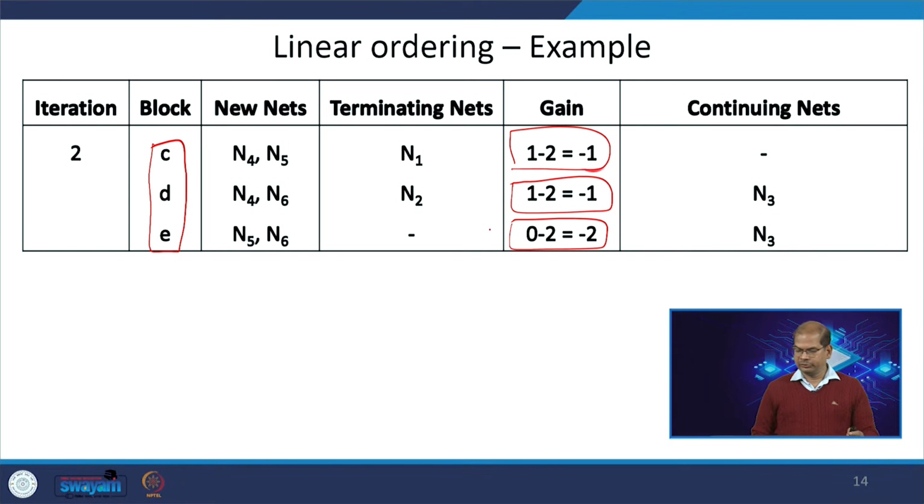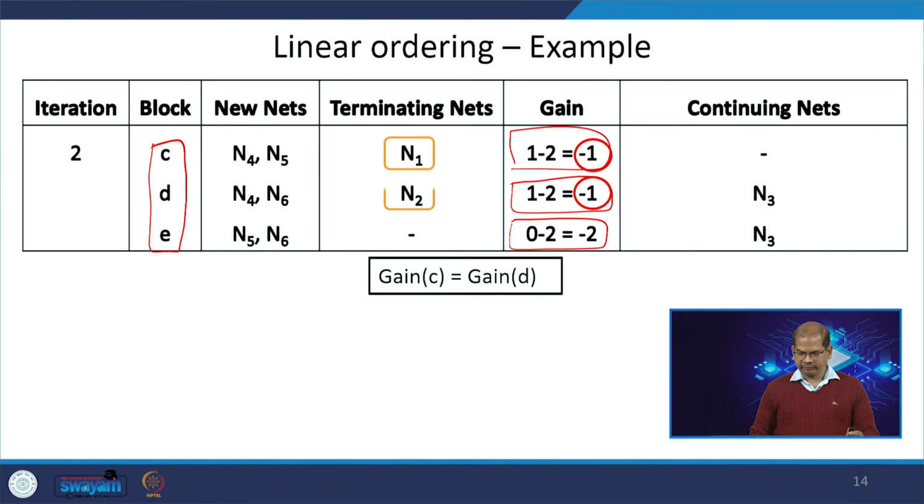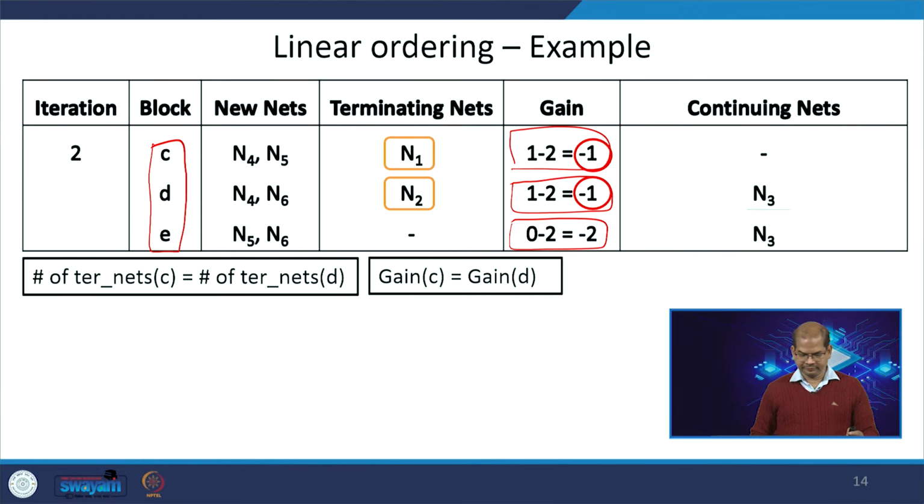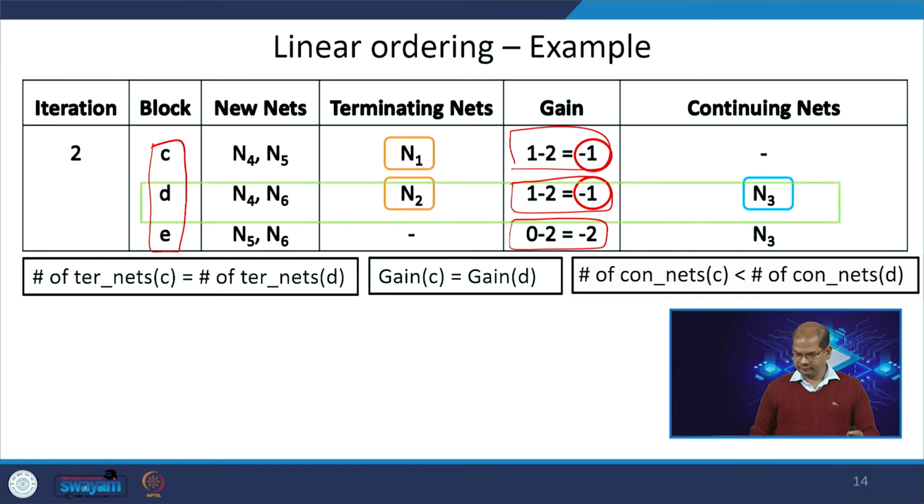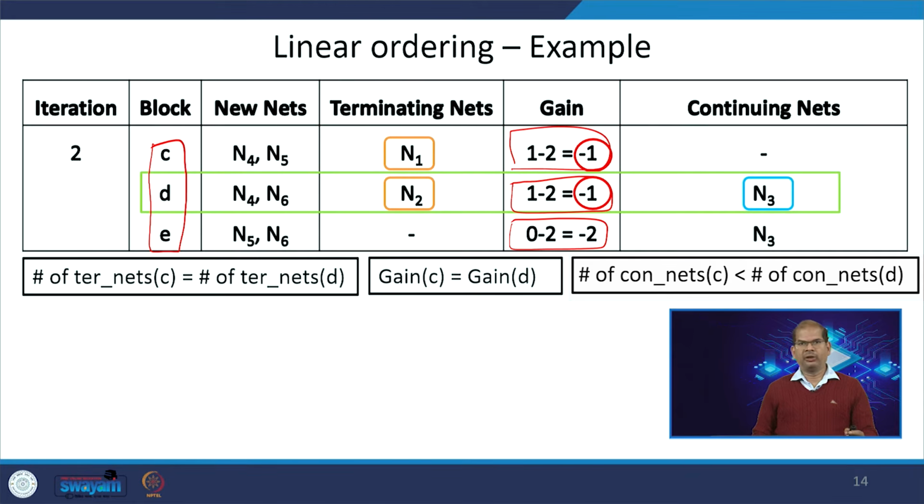So, I have two choices, either C or D, both are having the same gain. So, we have basically two possible solutions, either C or D, because both of them have the same gain.